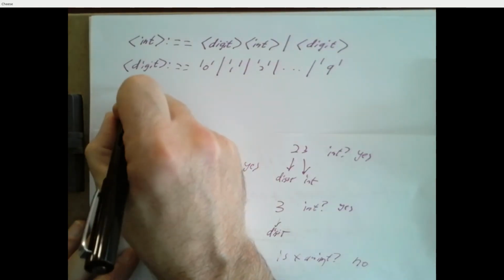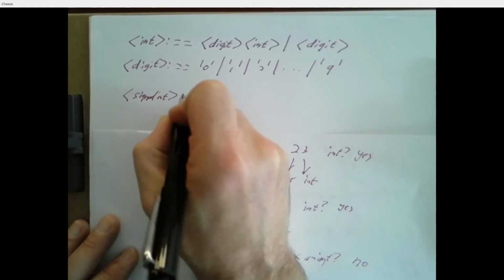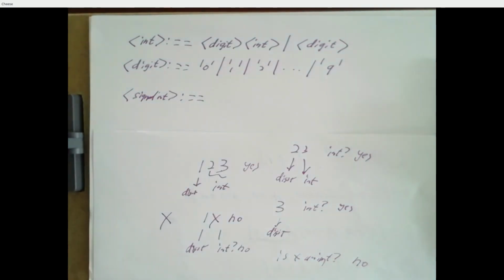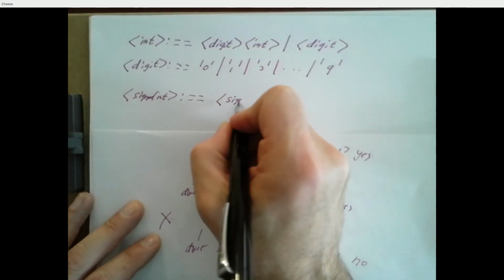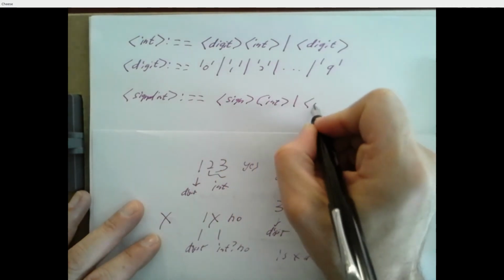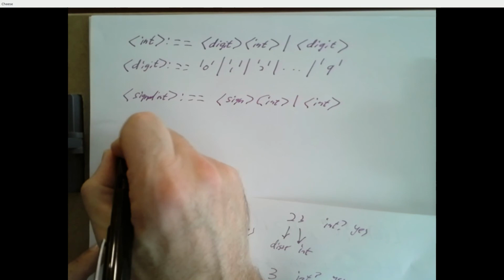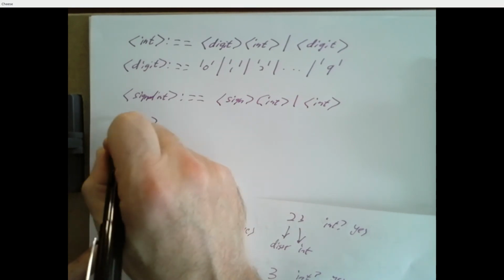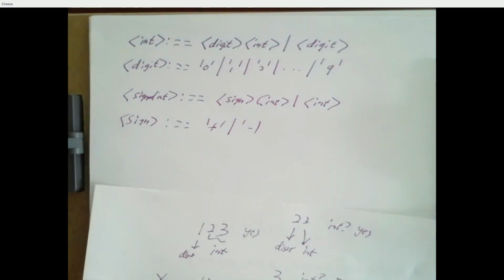Now, if we want a signed integer, which means it could be positive or negative, we can just define that as a sign followed by an int, or maybe just an int. And a sign could be a plus or a minus.